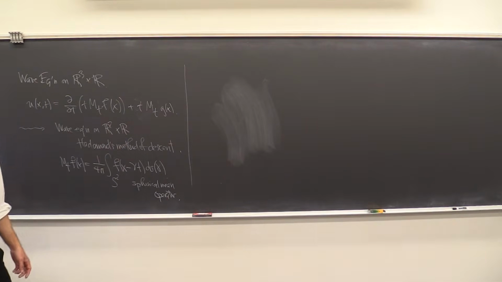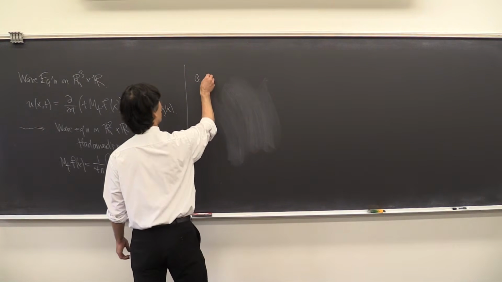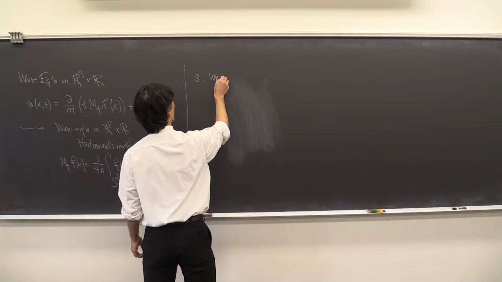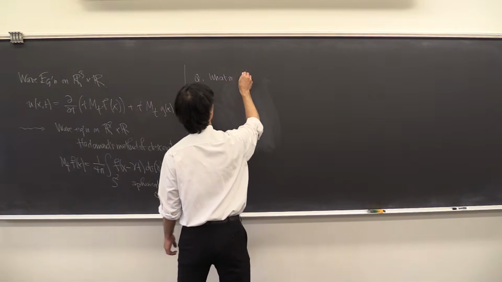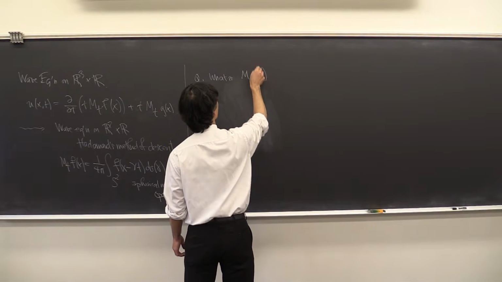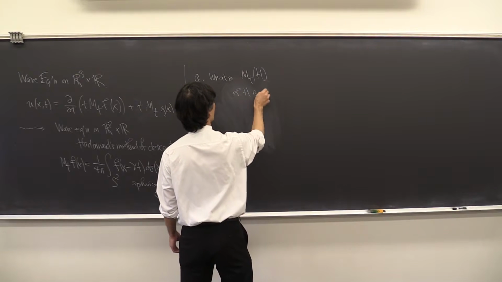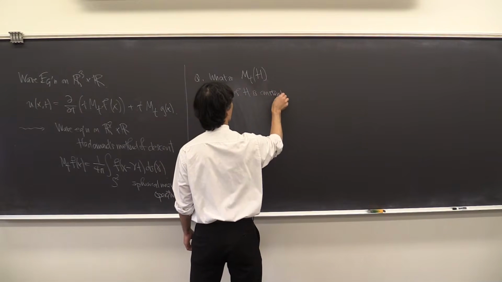Right, and so what's going to be necessary is to consider the question, what is the spherical mean of a function h if h is constant in the third variable?